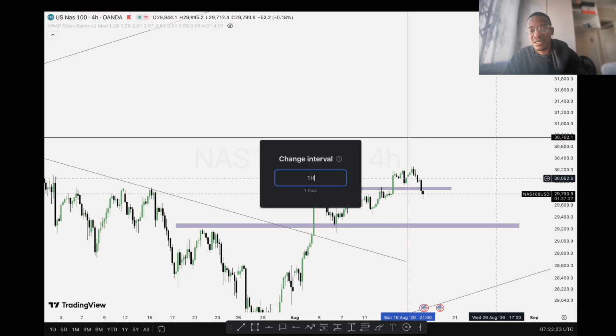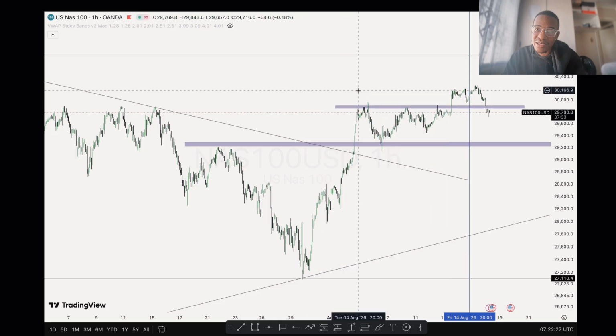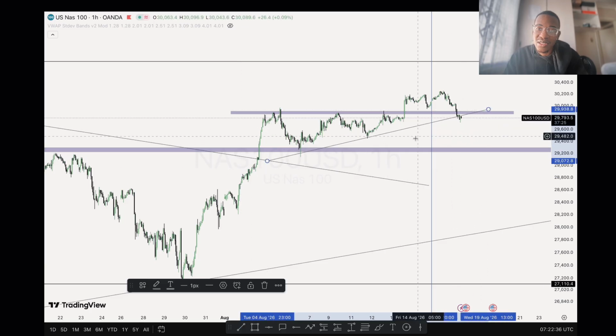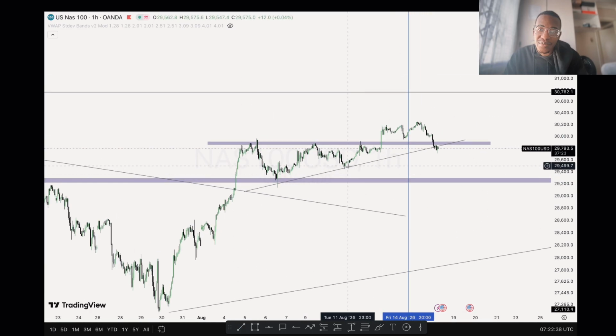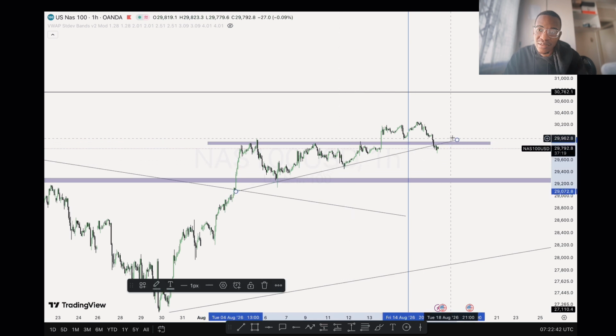Because if I go to the 1 hour time frame and draw my trend line here, you can see that the market is still bullish, but it seems like it broke this. Let me start it here.